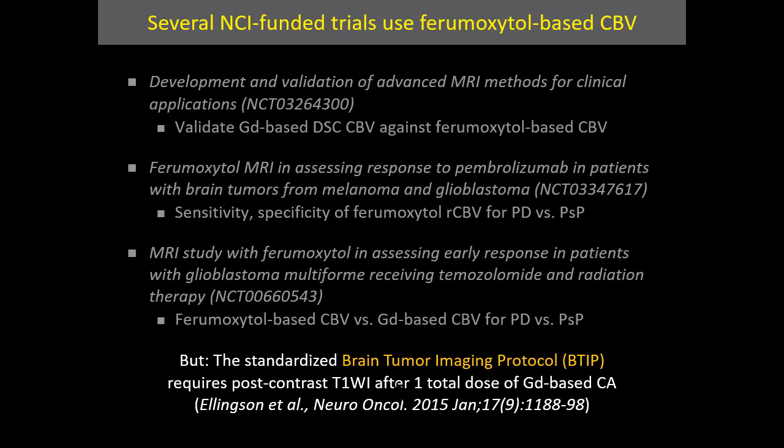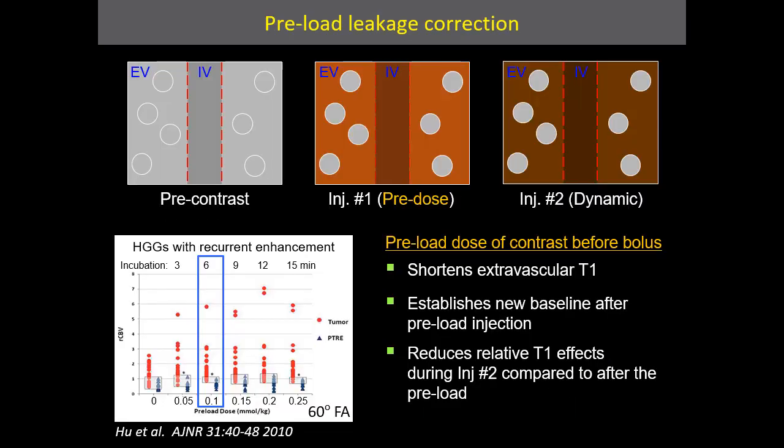on gadolinium-based methodologies. So preload contrast dose administration before the main bolus shortens the extravascular T1, and it establishes a new baseline after the preload injection that reduces relative T1 effects during the second dynamic bolus compared to after the preload.